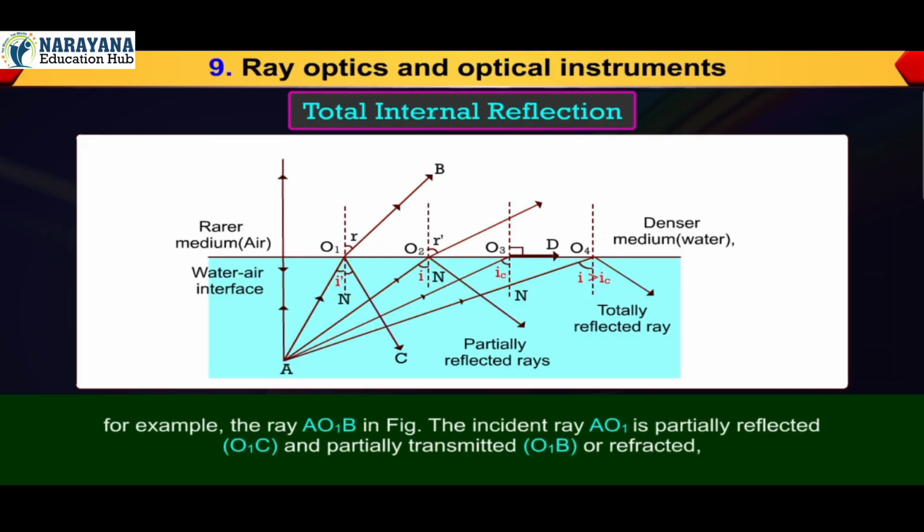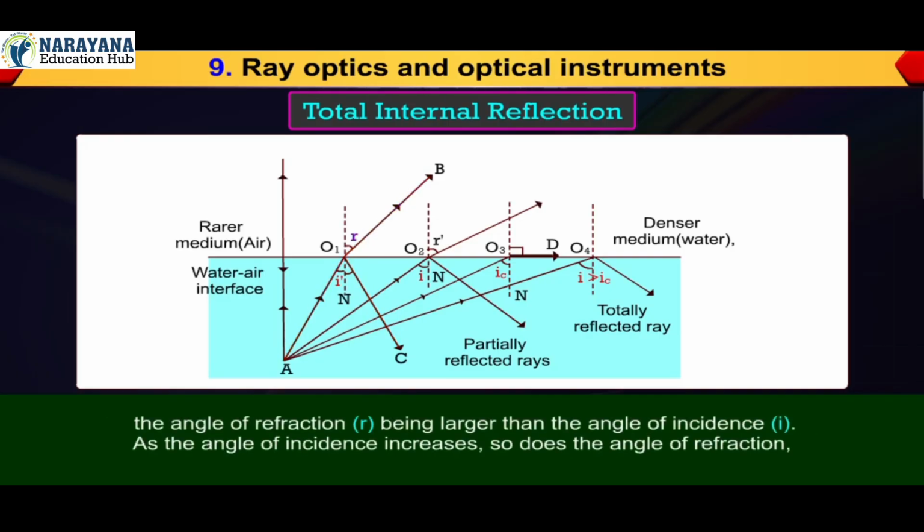For example, the ray AO1B in figure. The incident ray AO1 is partially reflected O1C and partially transmitted O1B or refracted. The angle of refraction r being larger than the angle of incidence i.